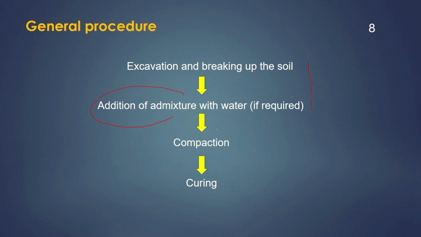Once the admixture is added, the soil will be compacted to a desired density. Once the compaction is achieved, the soil will be allowed to cure. In some processes the curing may not be required, but in some processes like cement stabilization or lime stabilization, the curing is very much essential. So, these are the different steps required in a chemical stabilization technique.